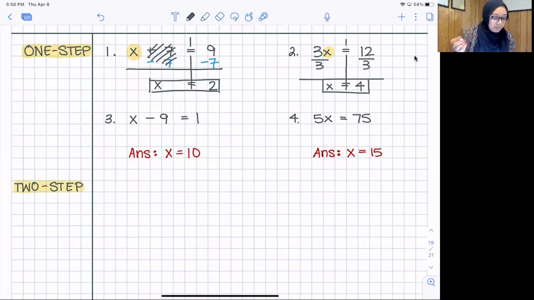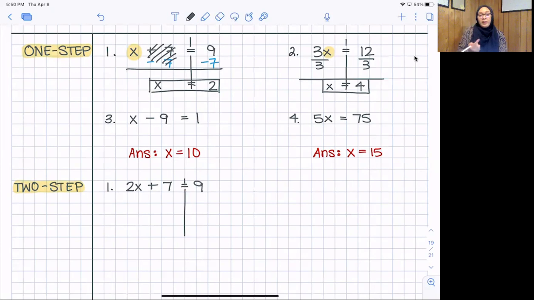So the first two-step equation we are going to do, I'm going to number them again, is 2x plus 7 equals 9, okay? Again, we always start by drawing our line, all right?